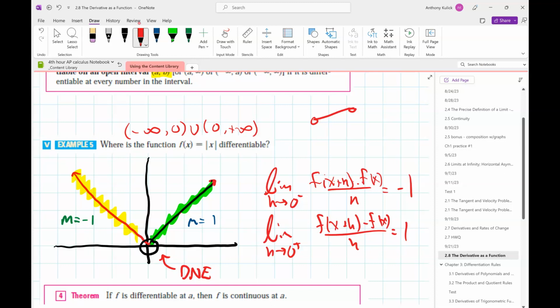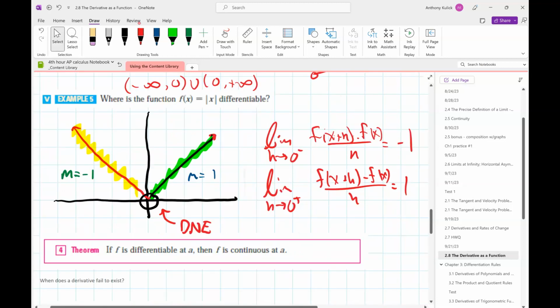If it has a smooth bump. But if it's a sharp corner where the slope abruptly changes from one number to another, we're going to lose our differentiability there also. So that's a second situation, right? We know continuity is a problem for differentiability. And now we know that a corner is a problem. And we're going to see one more in a moment.